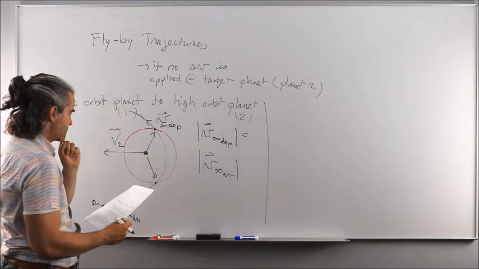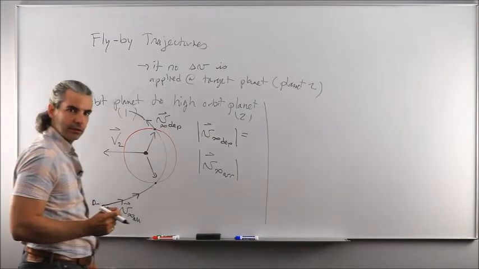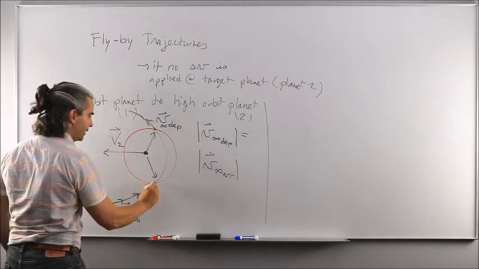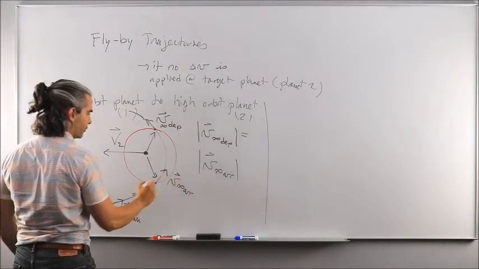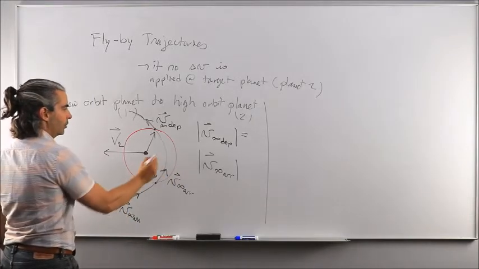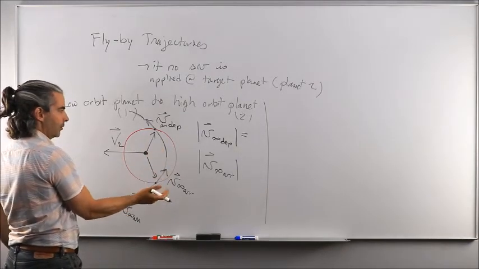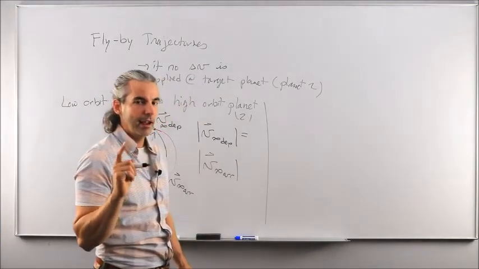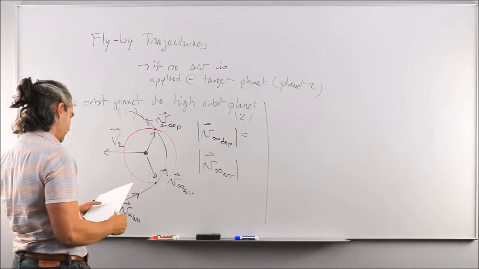But there has been a change in direction of this vector coming out and this vector coming inside or arriving at the sphere of influence of planet 2. So although we didn't scale this vector up or down, we nevertheless changed its direction, which means that there has to be a delta V involved. Interesting.